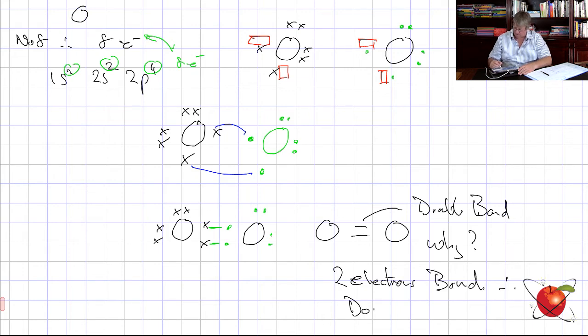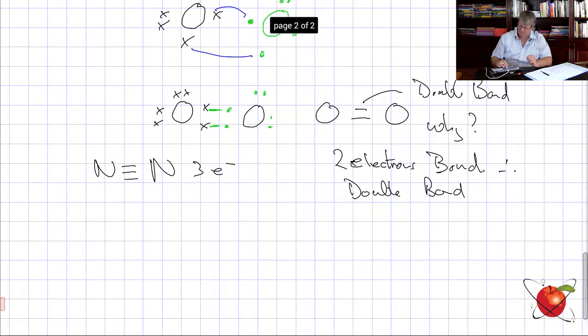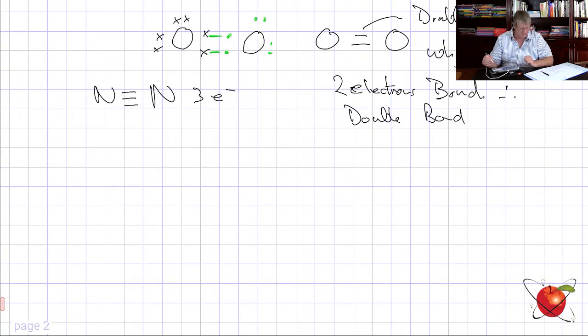Therefore, double bond. Yep, and if you had nitrogen, 1, 2, 3, that's a triple bond because you have 3 electrons bonding. Okay? Let's have a look at the next one they ask us. The next one, NH3 ammonia. NH3 ammonia. Let's have a look at NH3.